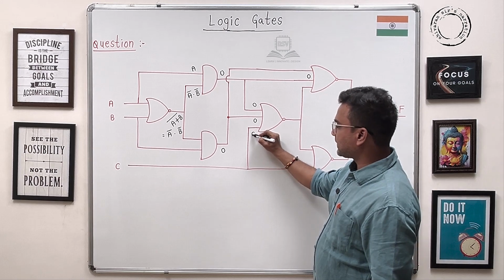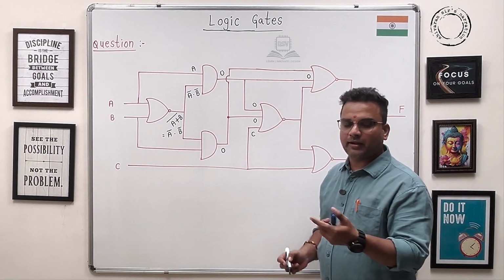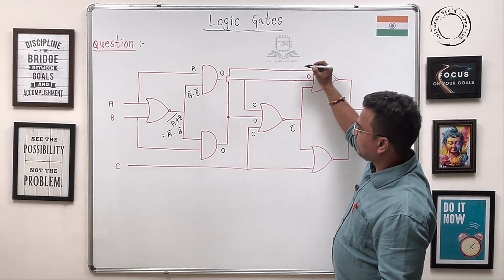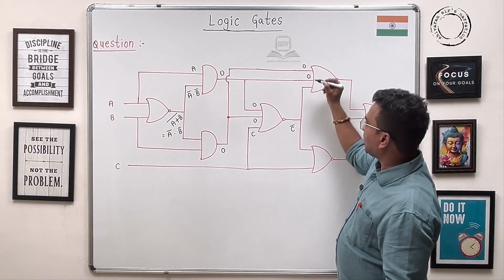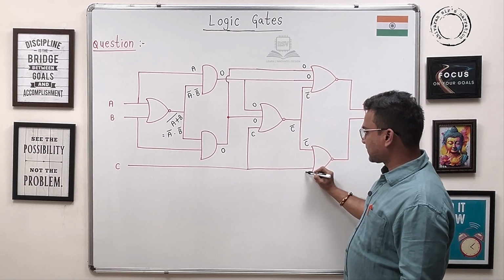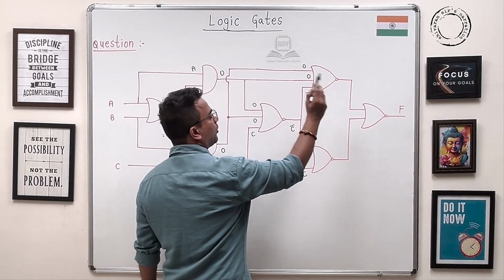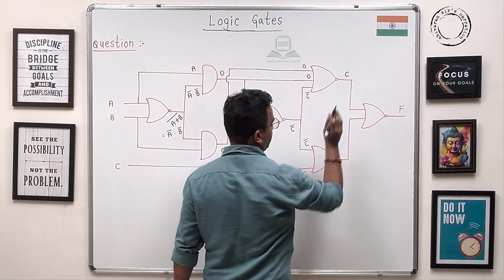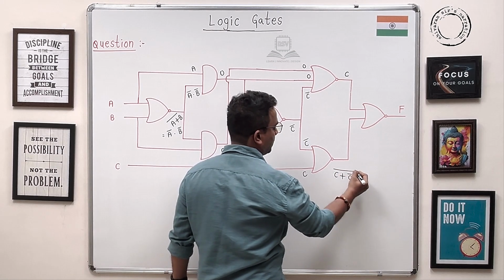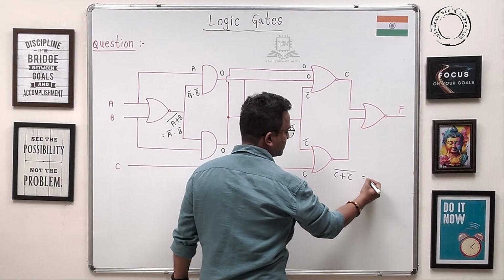Now guys, this is C. Now it is 0 plus C whole bar. What is that? C bar. This is C bar. Anyway, this is 0, this one, and this is C bar. Again here C bar, C. Now guys, here 0 plus C bar whole bar, C. Again here C plus C bar whole bar, C plus C bar, 1 whole bar, 0, it is 0 now.